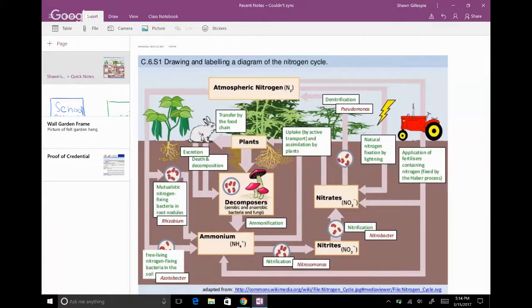So here in the nitrogen cycle, the best place to always start is looking right here at atmospheric nitrogen. You notice this is N2, all right? Just like oxygen has 2 atoms, nitrogen has 2 atoms with it as well. The big key to the nitrogen cycle is that if you look here and here, you see that there's bacteria kind of bookending the entrance.